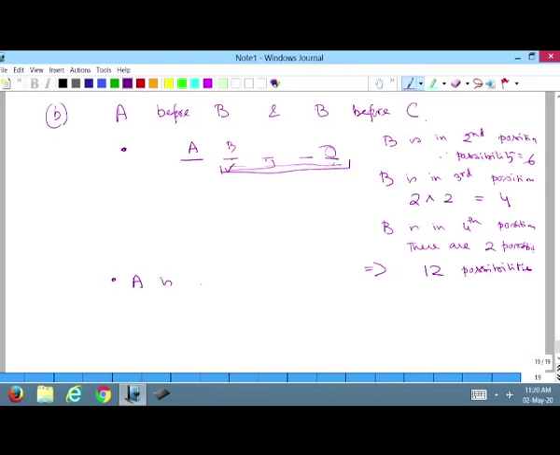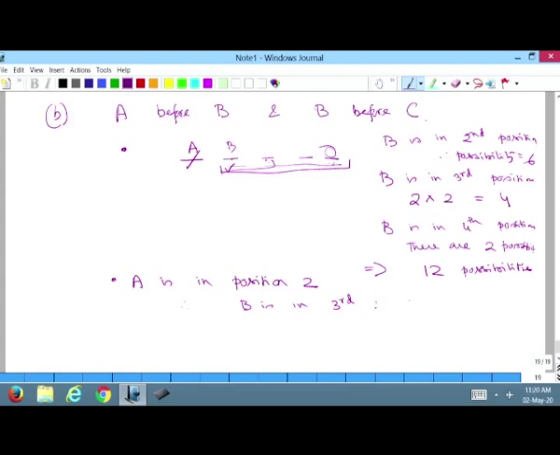A is in position 2. Therefore, how many possibilities are there? B is in third position. Therefore, out of D and E, you can choose 1 in first position.